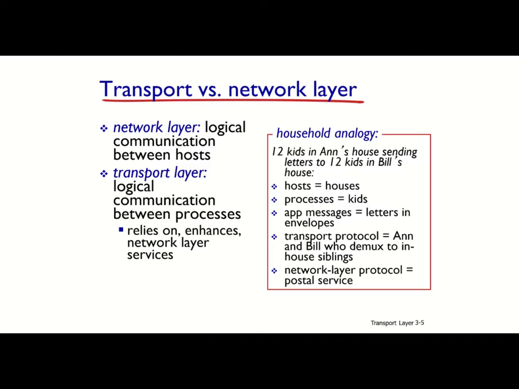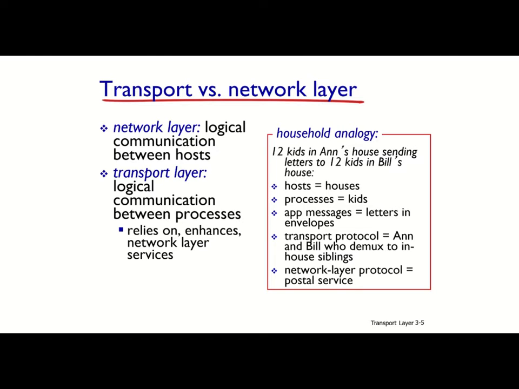And also in the transport layer, we enhance the services that the network layer provides. For example, the network layer doesn't provide reliability. So in the transport layer, we can add reliability to the services that the network layer provides, and this way we can have a reliable data transfer.